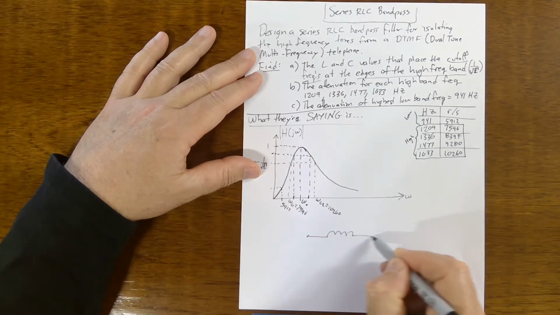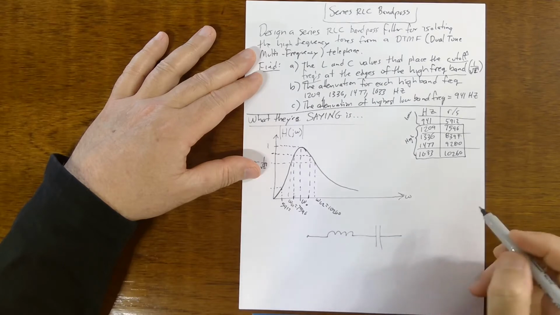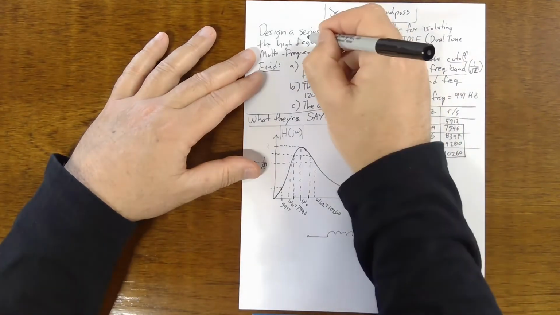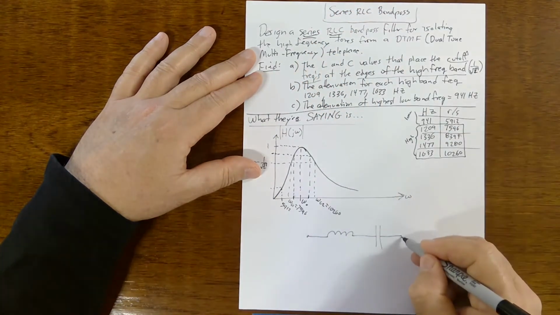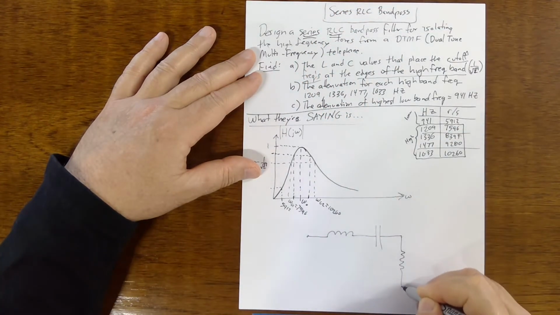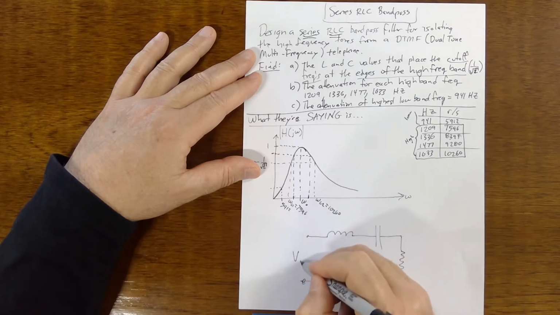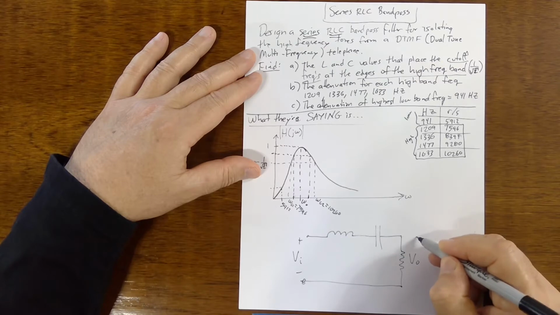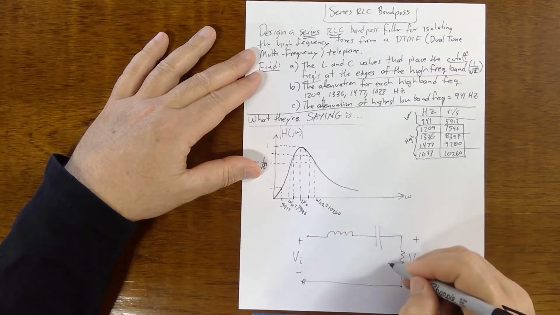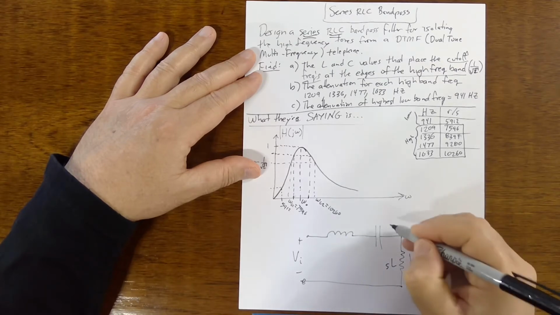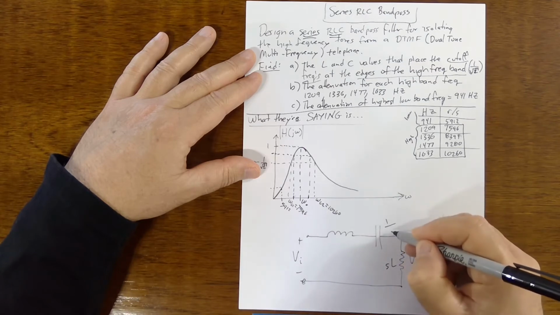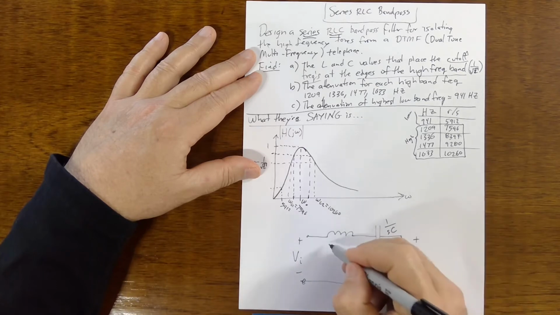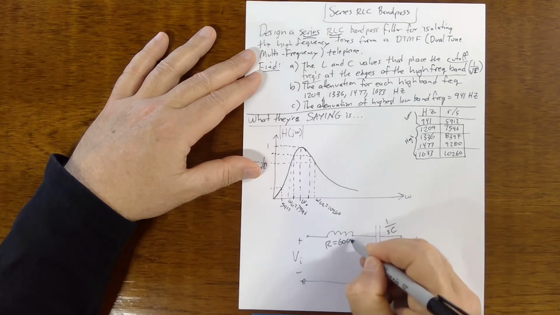The circuit that we're going to get is going to look something like this, because they're asking for a series RLC. That's this guy. And there's some input voltage. And then we're measuring this. We're listening to this thing here. And certain frequencies are going to get through on this V0 a little better than other frequencies. And this R is 600 ohms.